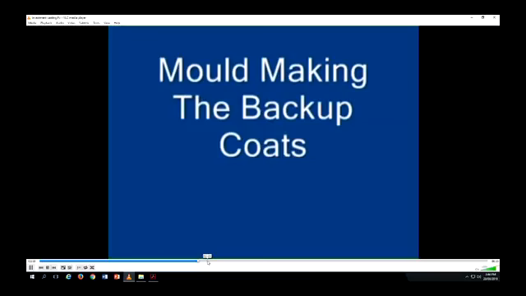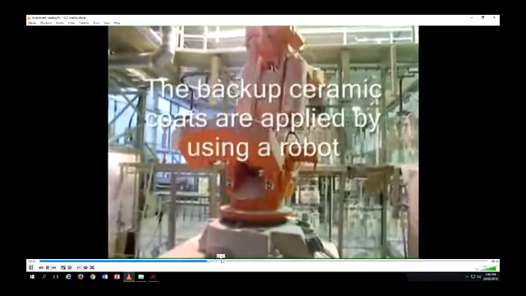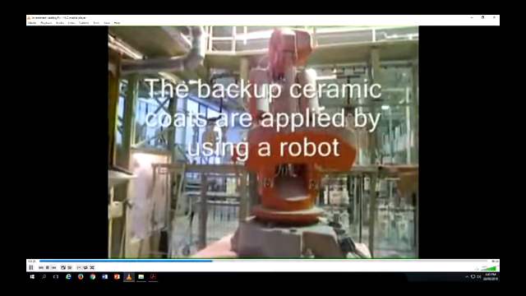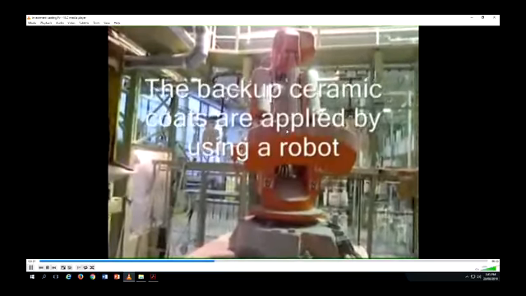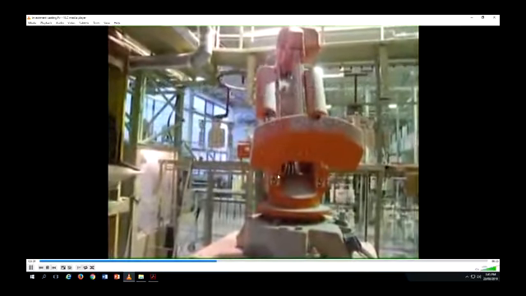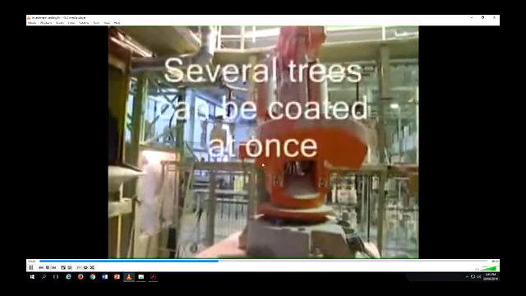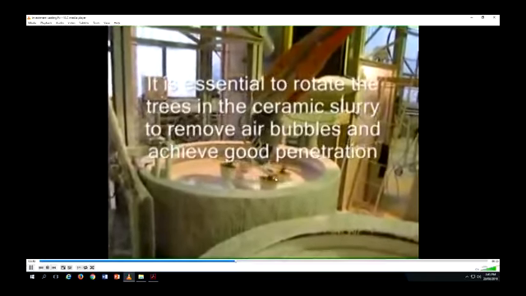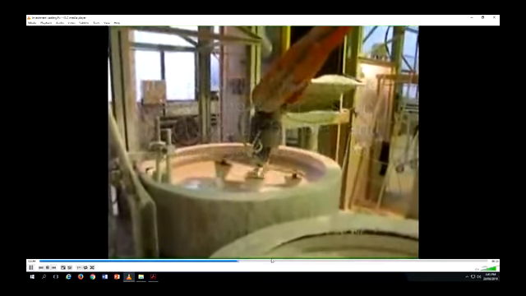And then this is the main part that they're going to make the ceramic from. And here they just use a robot, basically. So it's going to give them a lot more uniform molding. So they put it in there, and then they have a lot of rotation to get the air out, the bubbles out.